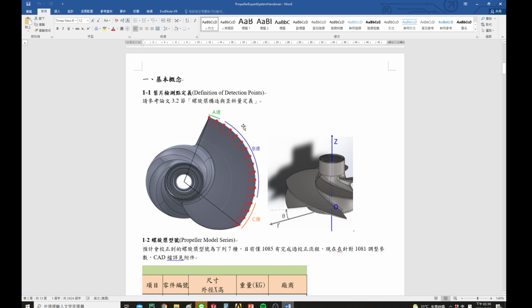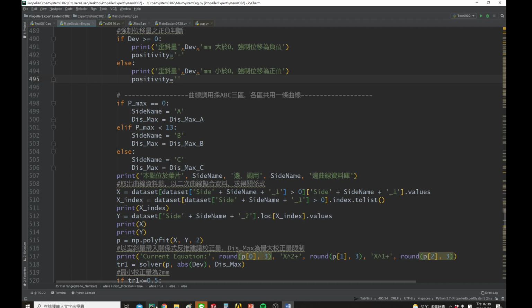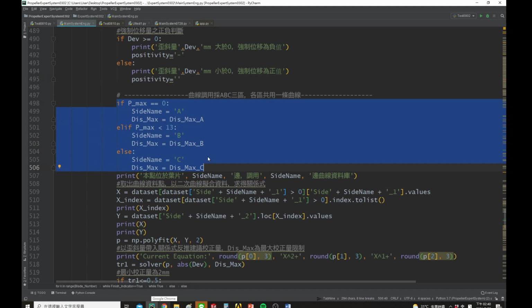For example, 3.3 is in B, 16 is in C. So this discrimination is to decide which side it is.